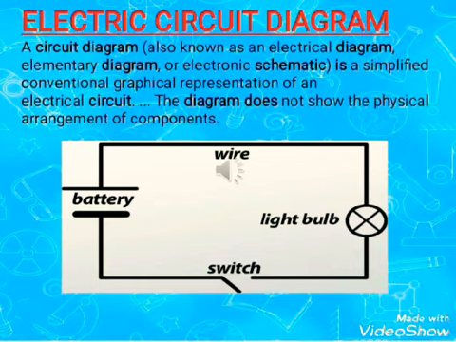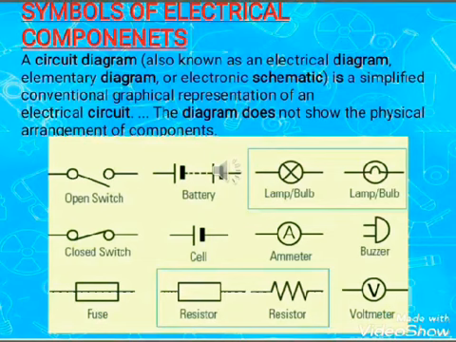Next slide will give you the idea of symbols of electrical components which will be used in a circuit diagram. You can see here switch, battery, lamp, bulb, ammeter, buzzer, voltmeter and different resistance and fuse. Some more electrical component symbols you can search on the internet.